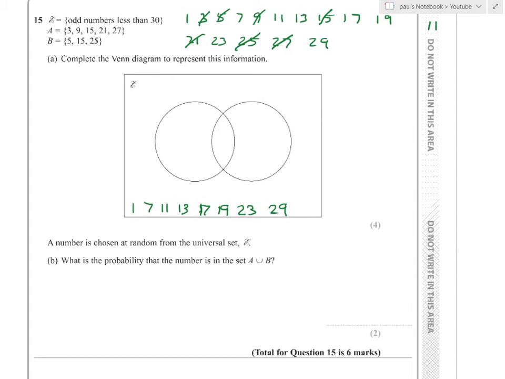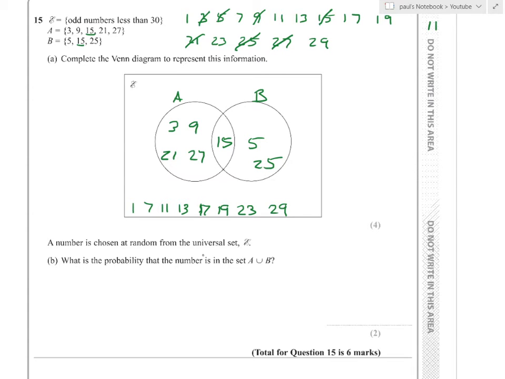Now we're going to put these in here, but we did notice along the way that we've got one that appears in both sets, so that's going to go in the middle. So we call this A, we call this B. In A we've got 3, 9, 21 and 27, and in B we've got 5 and 25.